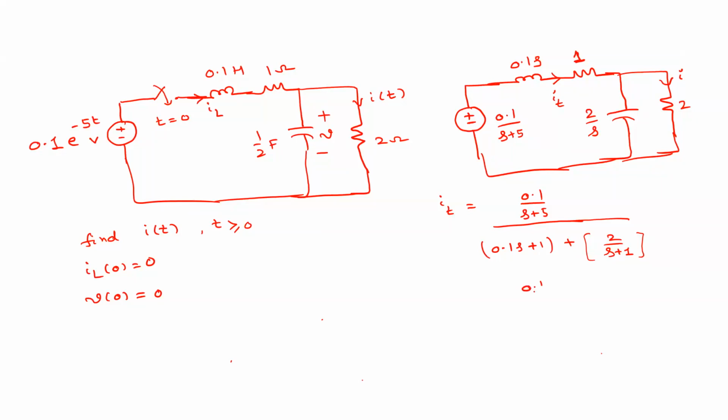So it will be something like this: 0.5 by S plus 5 divided by 0.1 S plus 1 into S plus 1, plus 2 by S plus 1. Is this correct?